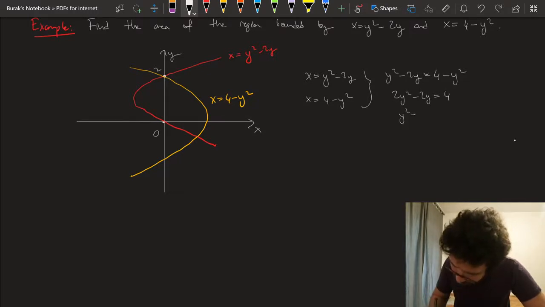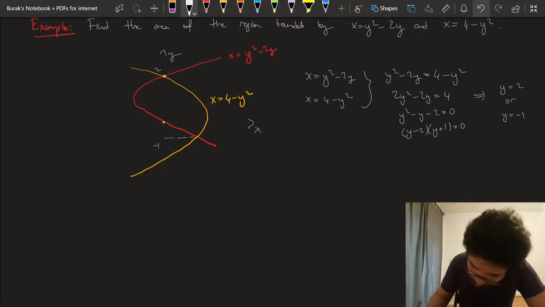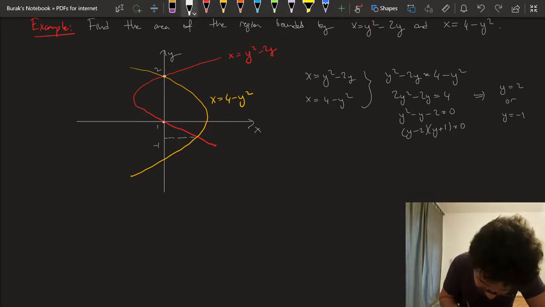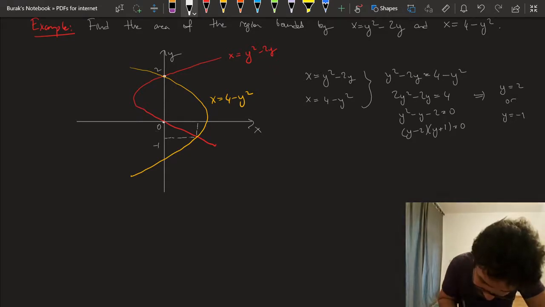So y squared minus y minus 2 equals 0. So (y minus 2) times (y plus 1) equals 0. This gives you y equals 2, which I already had, and the other one is y equals minus 1. So this is minus 1, okay? And you can easily find the x coordinate by plugging in y equals minus 1. This is 5.